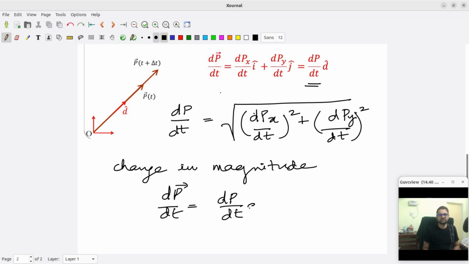We will also write this as dP by dt in parenthesis. If we use the parenthesis, that means it is change in magnitude alone.